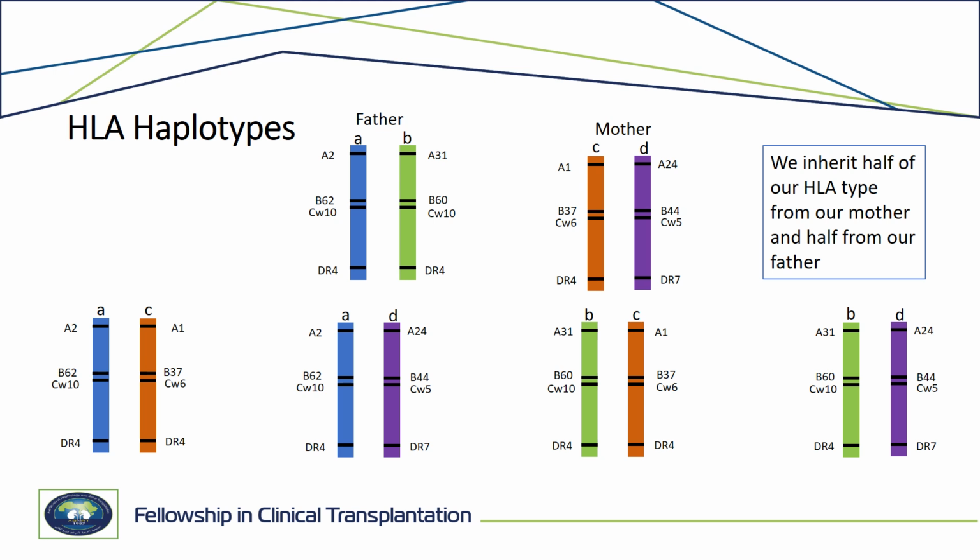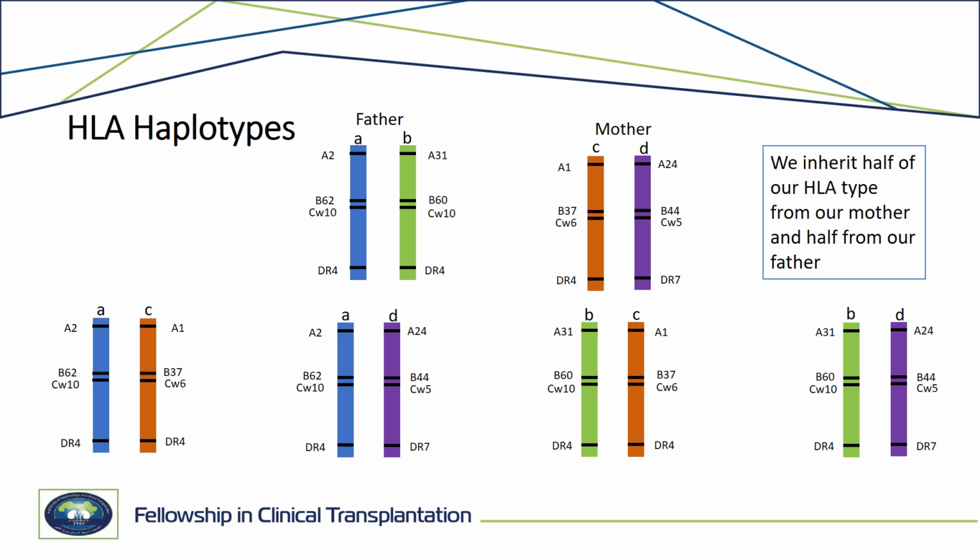In the above example, you can see the father haplotypes are haplotype A and haplotype B. If you look at haplotype A, you can see that the block of genes in this haplotype is A2, B62, CW10, and DR4. The other set of haplotype, haplotype B, is A31, B60, CW10, and DR4.